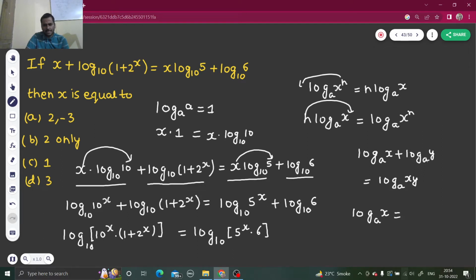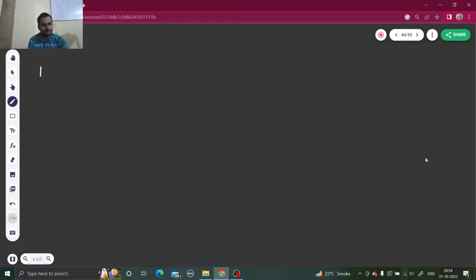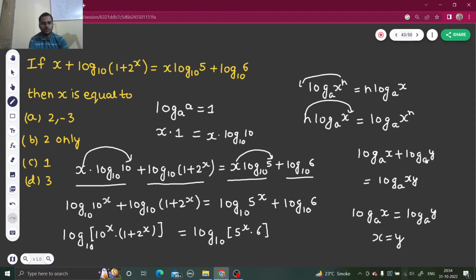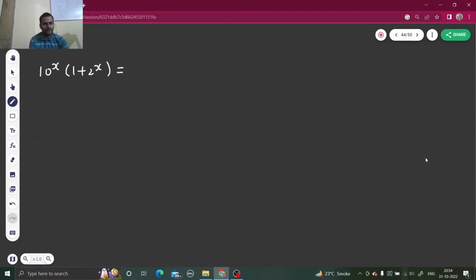If we have log x base a and log y base a, you can directly say that x equals y. So why not use that here? With the help of this step, we can get 10 power x times (1 plus 2 power x) equals 6 into 5 power x.